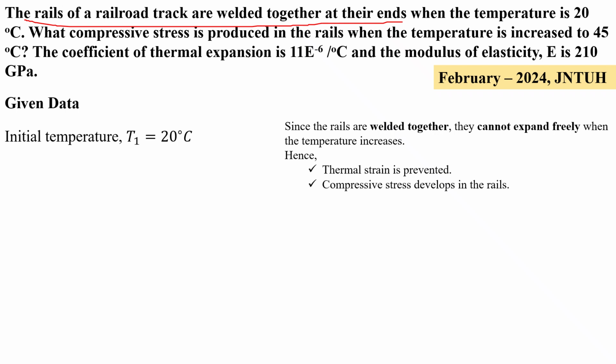Here the given initial temperature is 20 degrees Celsius. Let's consider T1 equal to 20 degrees Celsius. And the rails are heated to 45 degrees Celsius, so let's consider the final temperature T2 equal to 45 degrees Celsius.